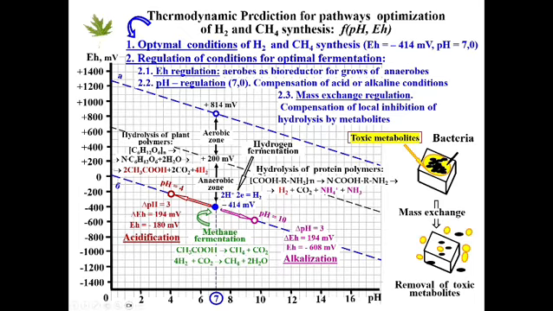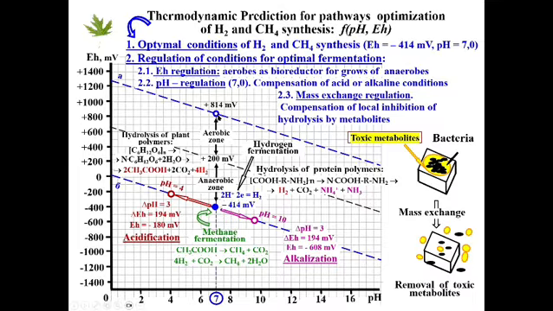Here you can see the thermodynamic prediction of anaerobic degradation of ecologically dangerous solid organic polymers. The optimal conditions for the hydrolysis, that means degradation of a wide range of solid waste, and further hydrogen fermentation, are a low redox potential equal to minus 415 millivolts and pH equal to 7.